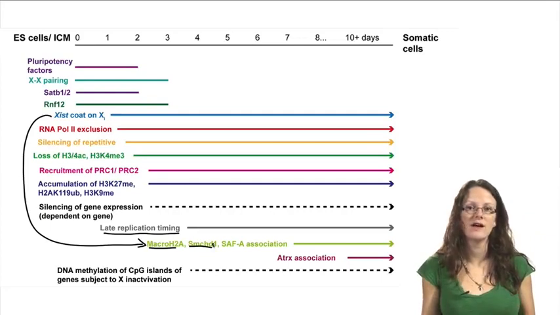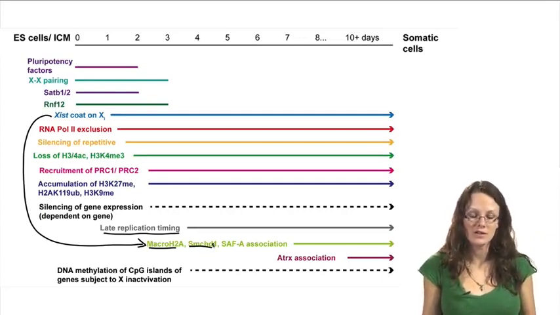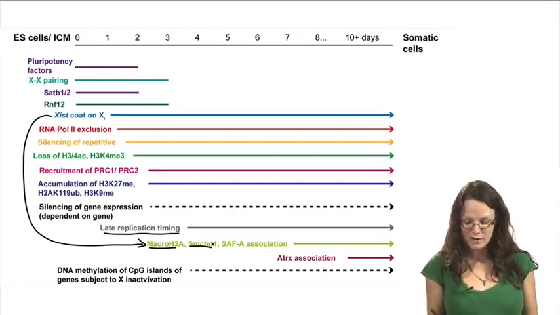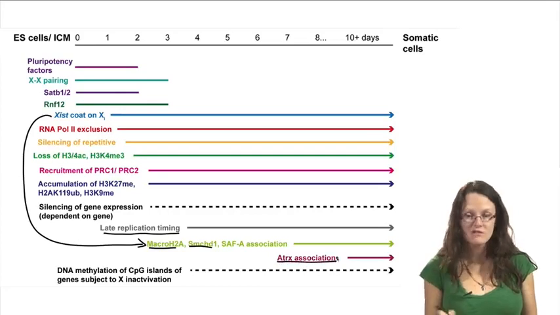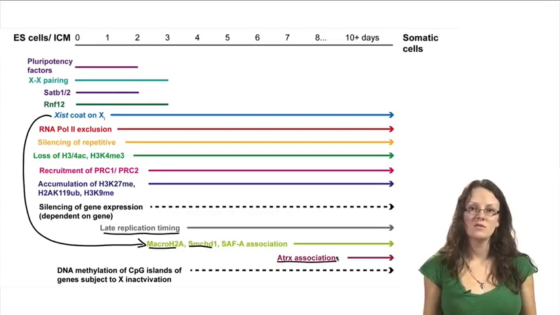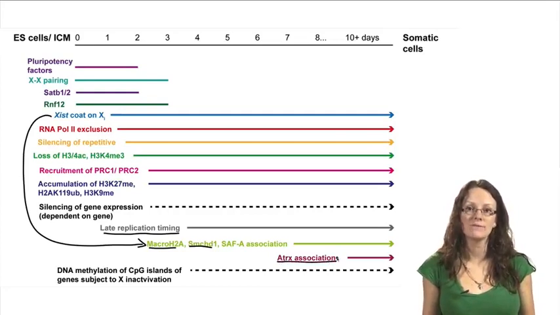SAF-A is a protein that I haven't talked about, but it is involved in stabilizing Xist on the inactive X chromosome. Very late in X inactivation, we know that ATRX, which is a chromatin remodeler, is also associated, which is presumably involved in densely packaging down that inactive X chromosome.